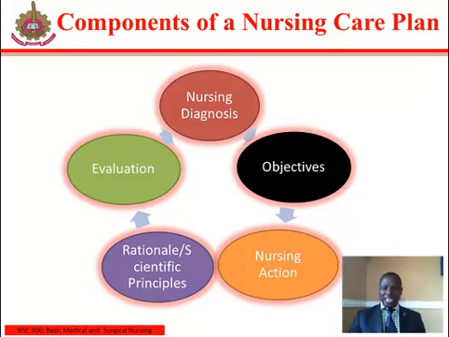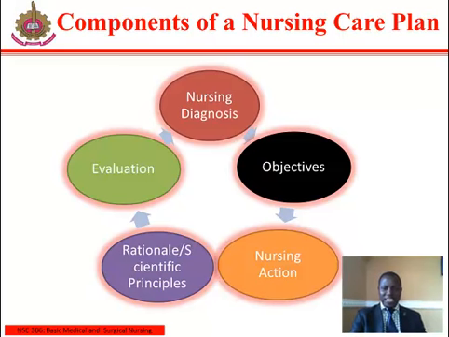The action can include independent, dependent, and interdependent roles of nurses. Rationale or scientific principles: this is the statement of the reasons or scientific basis for the nursing care that the nurse carries out. It should relate to the objective as well as the action.